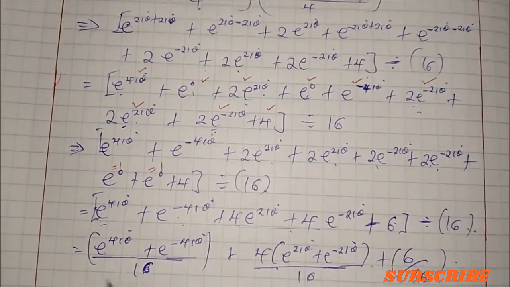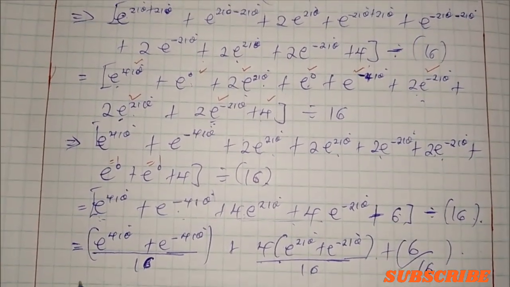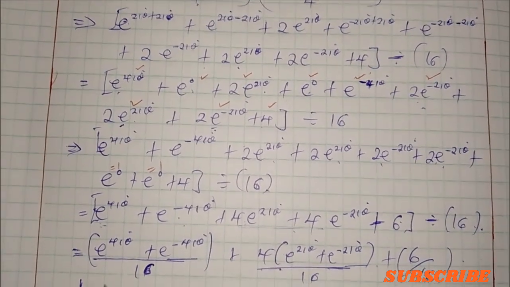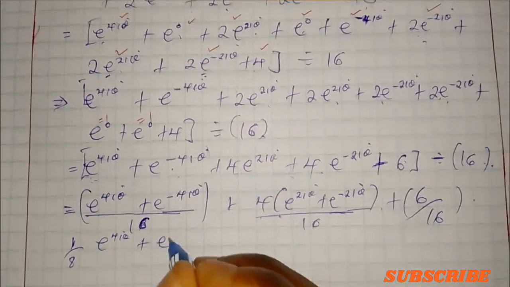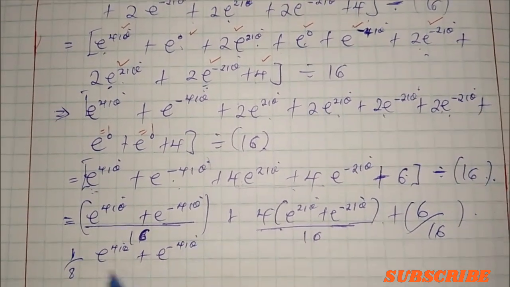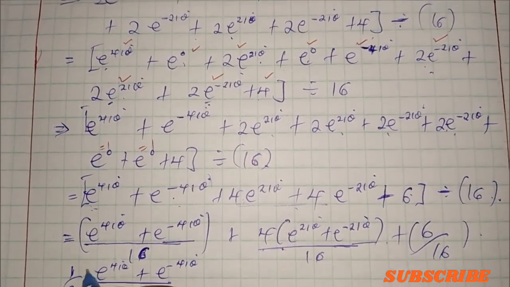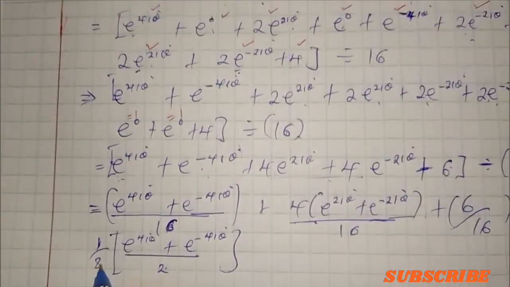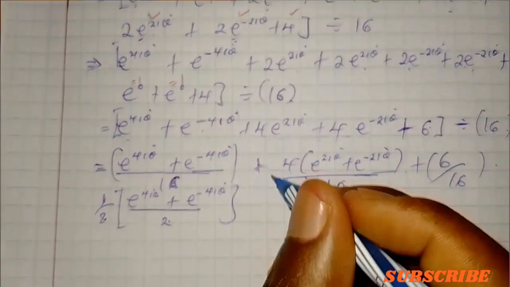Now this one can be expressed as 1 over 8 times e raised to power 4i theta plus e raised to power negative 4i theta over 2. You can see that if we take these 2 and multiply by this, it becomes 16. Hope you understand what I'm doing here.